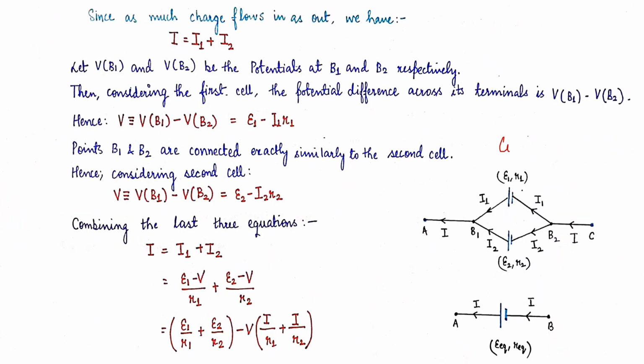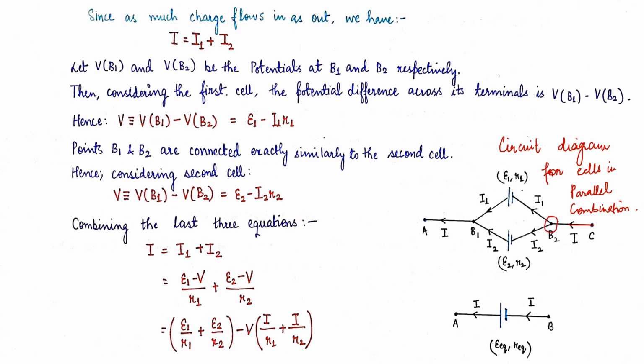See the circuit diagram. Four cells in parallel combination. Okay, so here the current is flowing from C to B2.